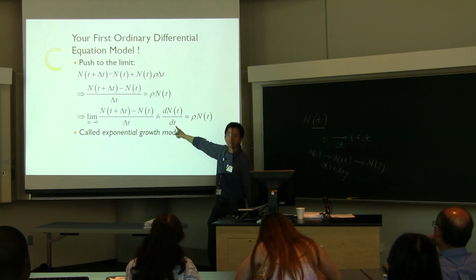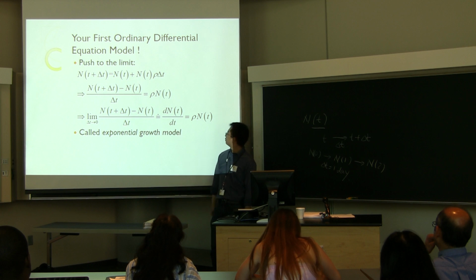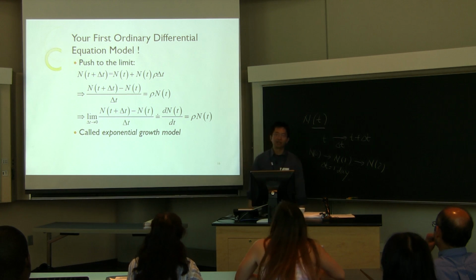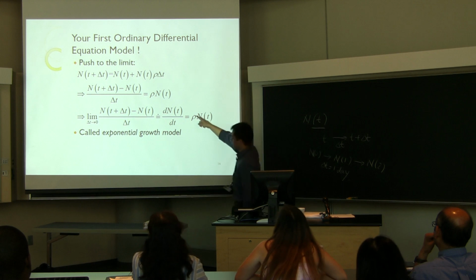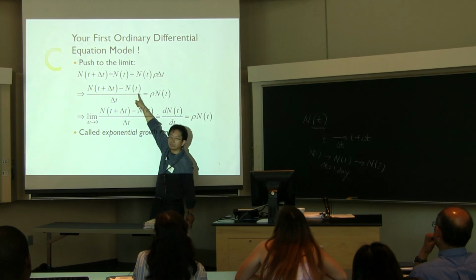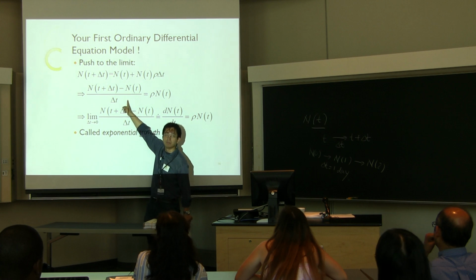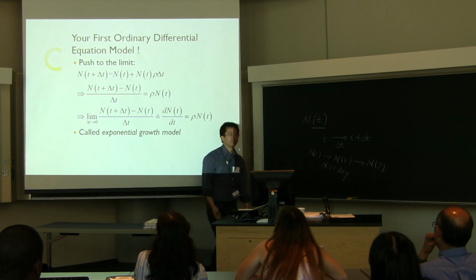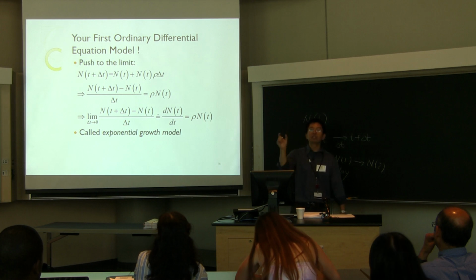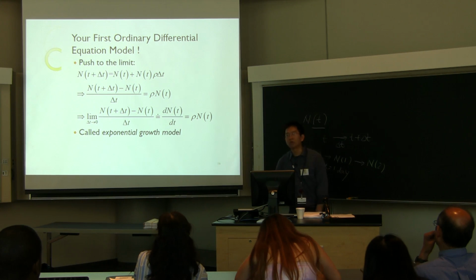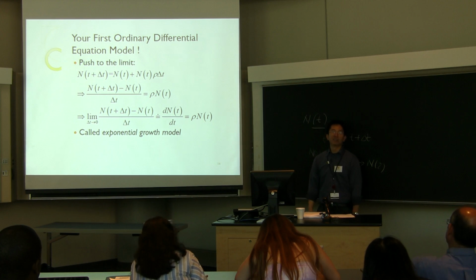It's something we call the derivative. Okay. What is derivative? If we go back to this one, derivative actually is the change per unit time. Okay, that's derivative. The change per unit time, that's all. The rate. Okay.